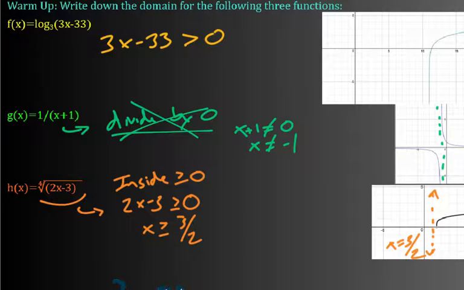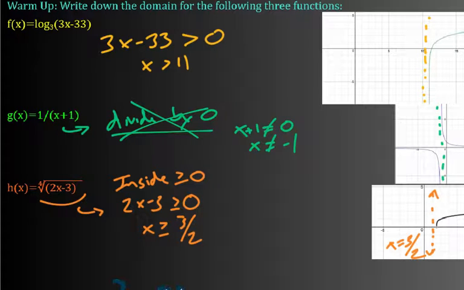Down here, we can definitely take the fourth root of 0 and get 0. We can't do log base 3 of 0. That does not make sense. But as long as this inside is greater than 0, it'll be defined. So here, if you solve that out, you get x is bigger than 11. And that is what is right there.